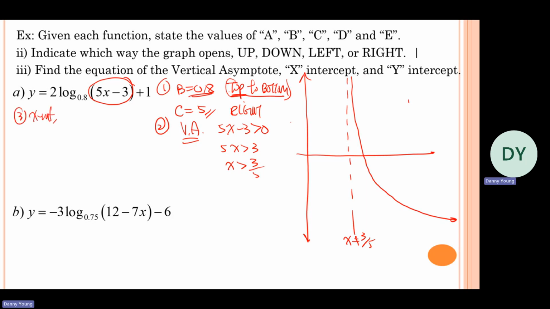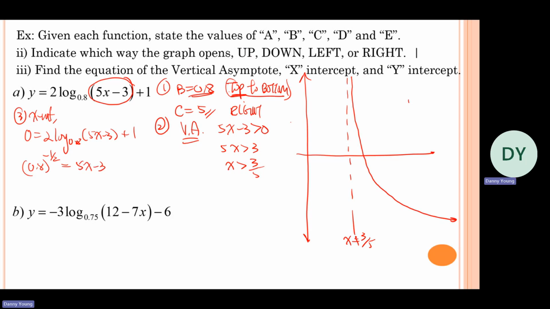X-intercepts. How do you find your x-intercept? Y equals 0. So 0 is equal to 2 log of 0.8, then 5x minus 3, and there's a plus 1 over here. So minus 1 divided by 2, negative half. Then 0.8 to the power of negative half is equal to 5x minus 3.